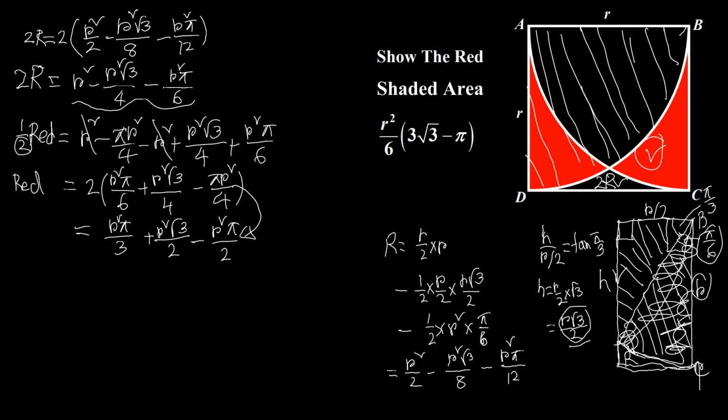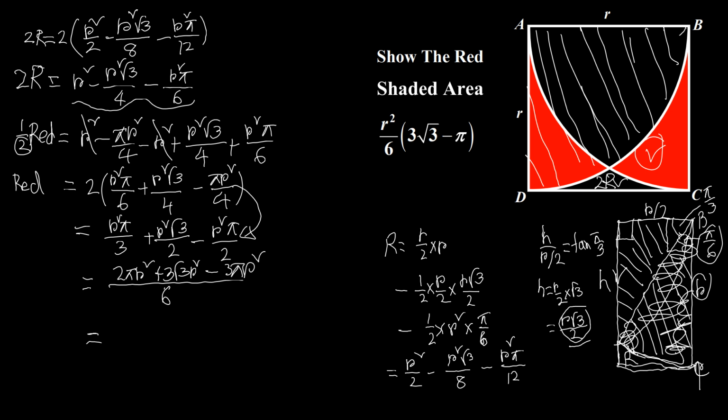Now simplify it by making the LCM, which is 6. If we divide 6 by 3 we get 2, so the first one is 2 pi r square, then if we divide 6 by 2, we get 3, so it would be plus 3 root 3 r square. From here we got minus, final one, if we divide 6 by 2 we get 3, so this is 3 pi r square.